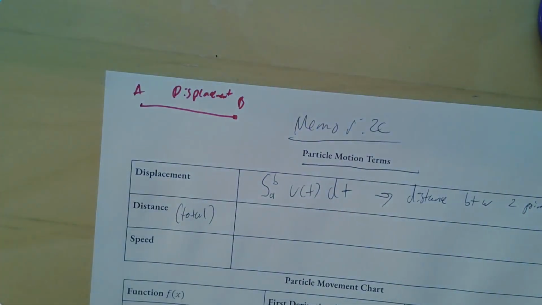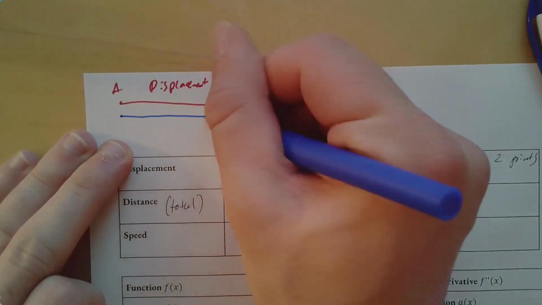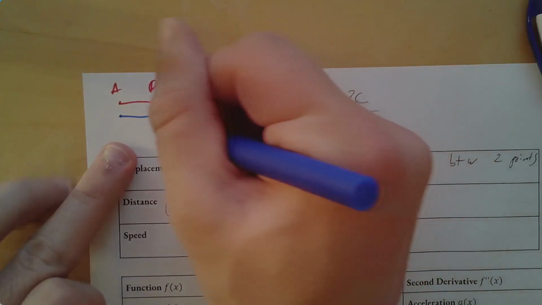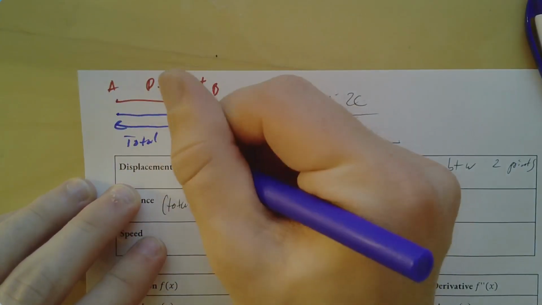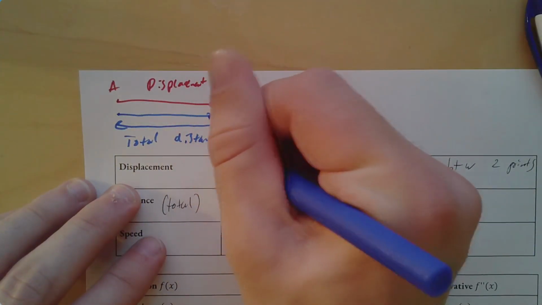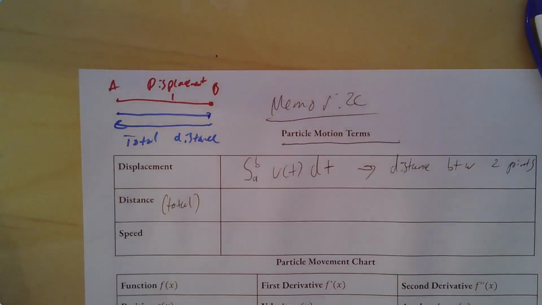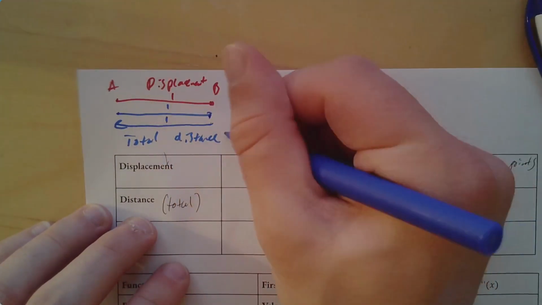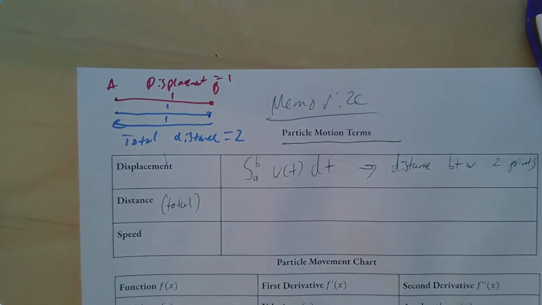If I, in blue here, went like this, and then I went back again, that would be total distance traveled. So let's say that displacement was 1 foot. Then your total distance would be 1 plus 1, so that would be 2. And this one would just be 1. Does that make sense?